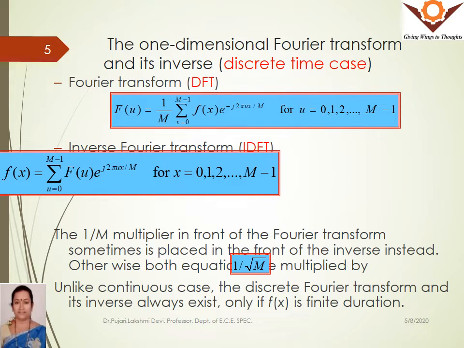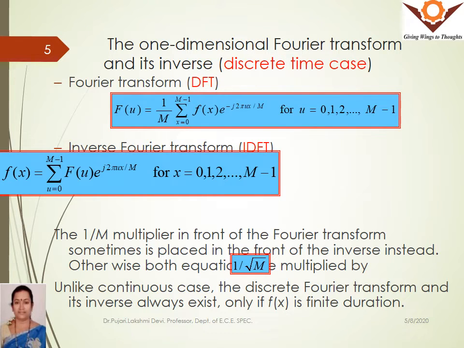That's the reason the forward equation has the multiplying factor of 1 by M. In the inverse Fourier transform, we do not have any such weighting factor for this equation.